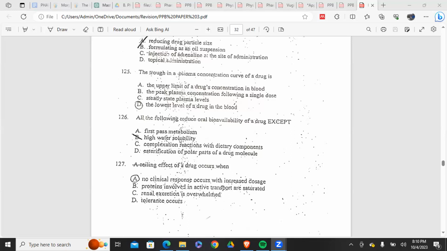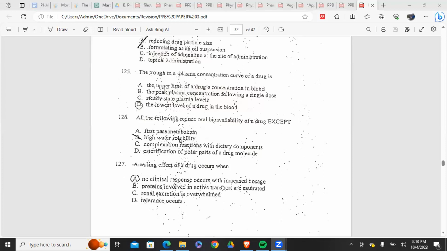It reduces water solubility, I don't know, but I think kama it's at least slightly soluble, then it would at least help with absorption, which would in turn increase bioavailability instead of reducing. Yeah, that's why I think B is the most appropriate answer.